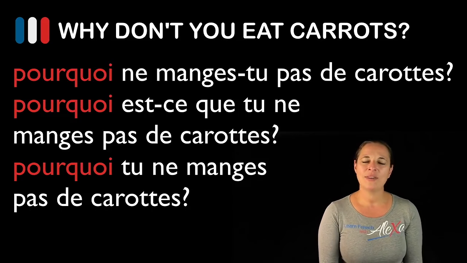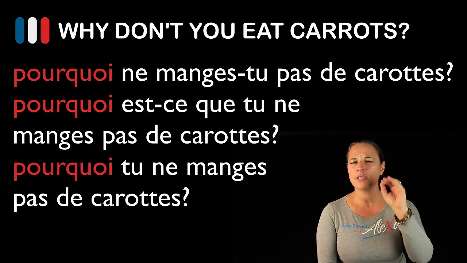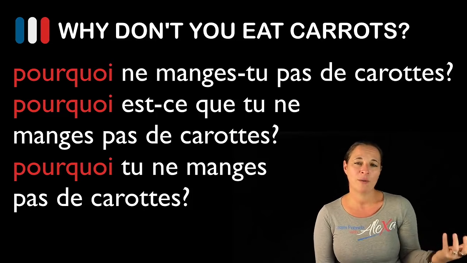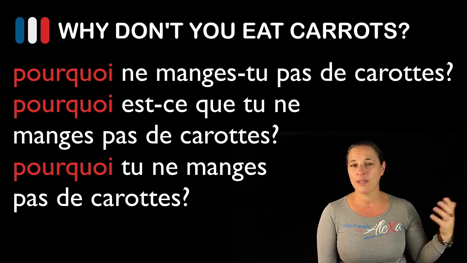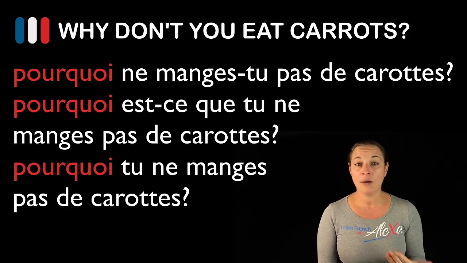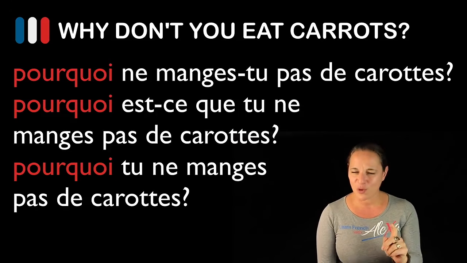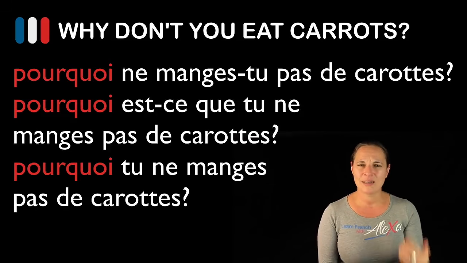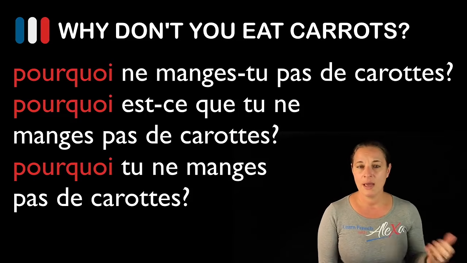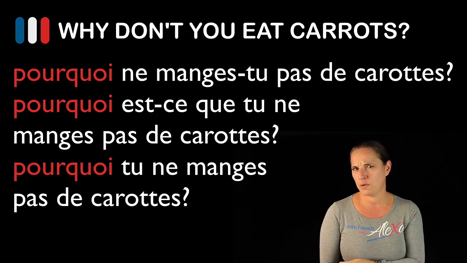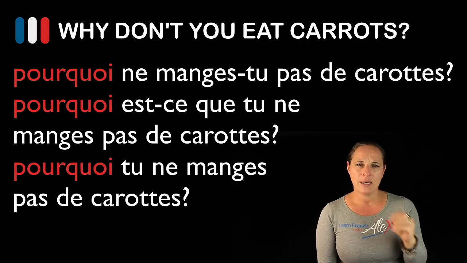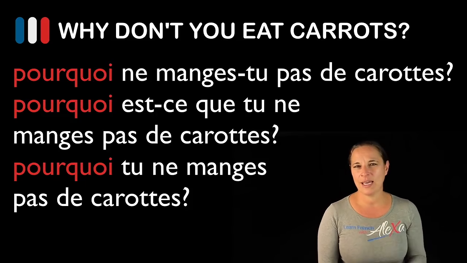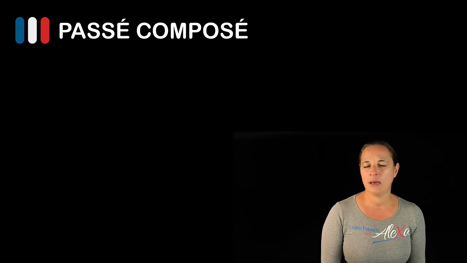Okay, so I know these are very hard to grasp, but I wanted to show you, especially if you are following my lessons on negation, that questions sometimes come with negations, and I wanted you to be aware of where to put the ne and where to put the pas. Okay. Now, another tricky one is the passé composé in a question.